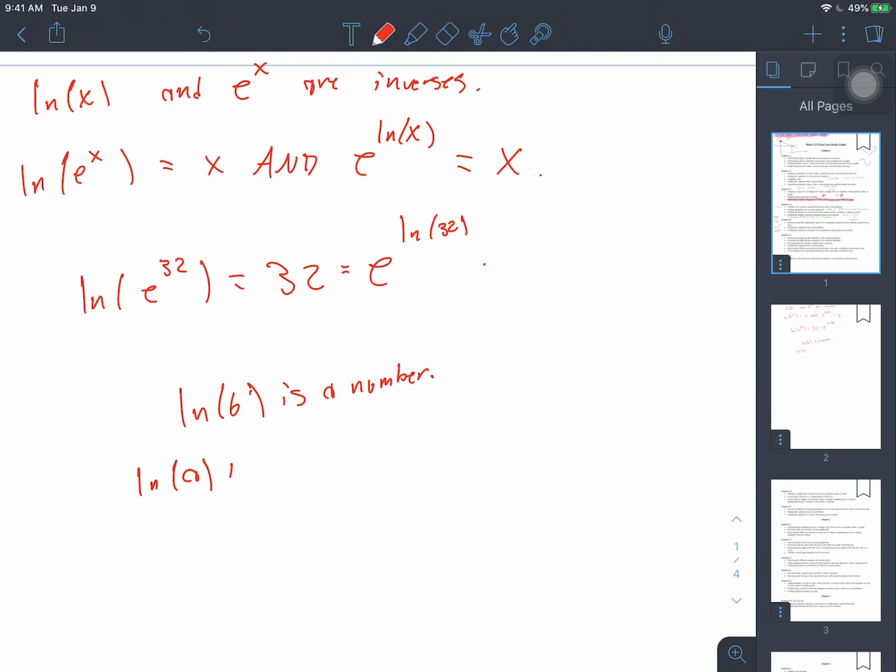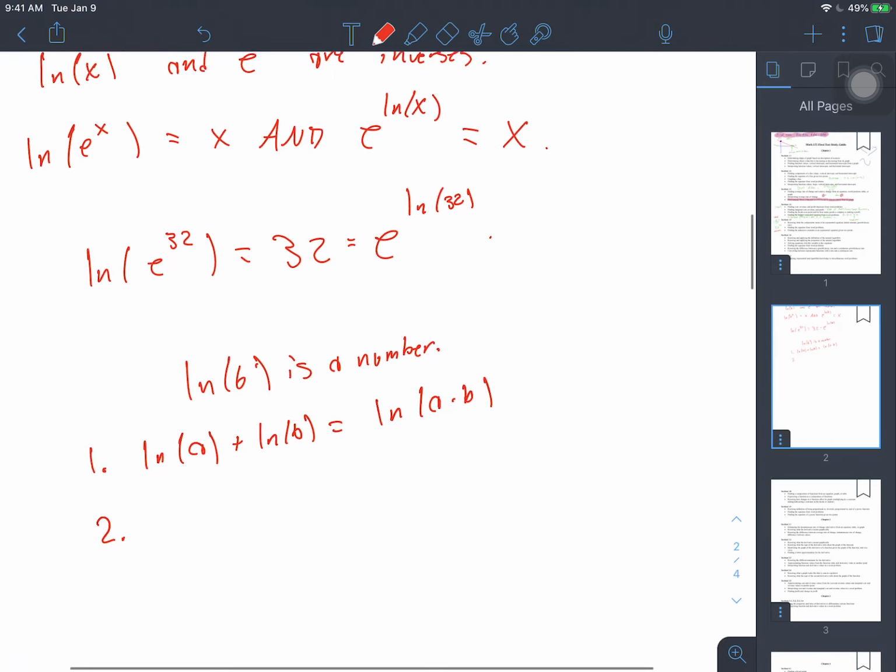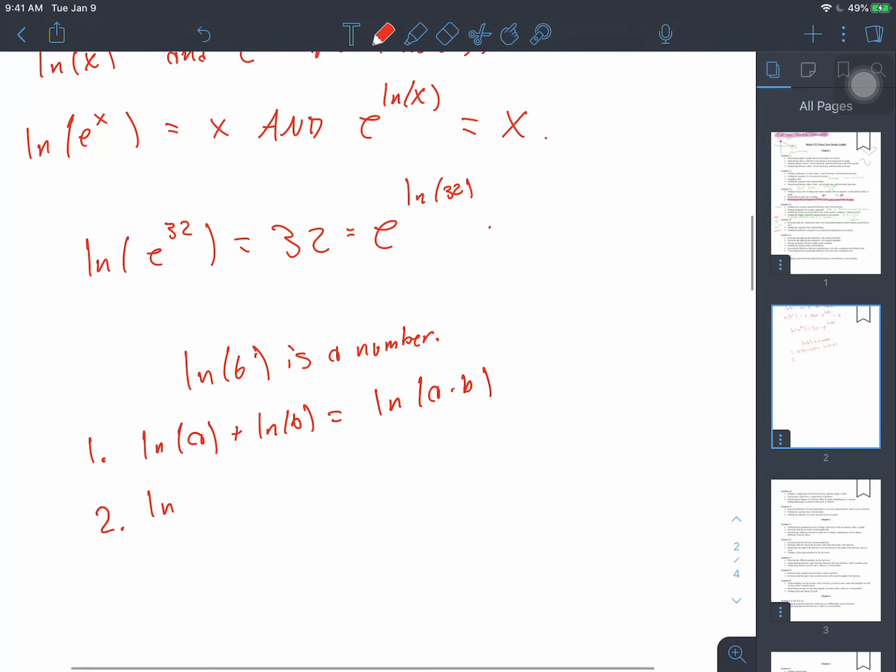If we have ln of a plus ln of b, then this is going to be equal to ln of a times b. That was rule number 1, I think. Rule number 2 was probably the difference rule, where if we have ln of a minus ln of b, it equals ln of a divided by b.